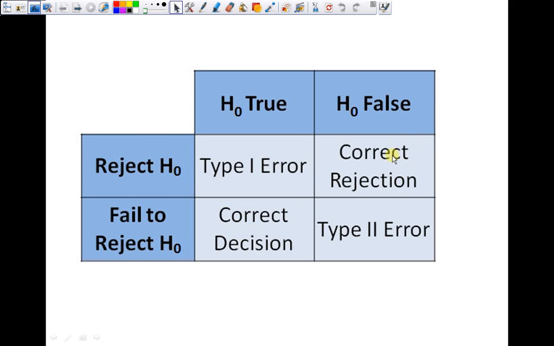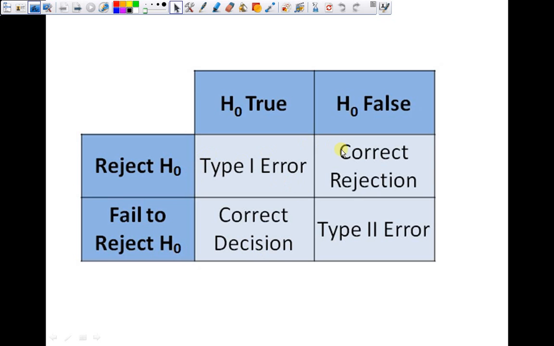In this case, H0 is false would be like if the person is guilty. If we reject H0, we're saying that we think they're guilty, that we were right. That's a correct rejection. And lastly, type 2 error is if they're guilty, but we fail to reject H0, which means we think they're innocent. That's a type 2 error.